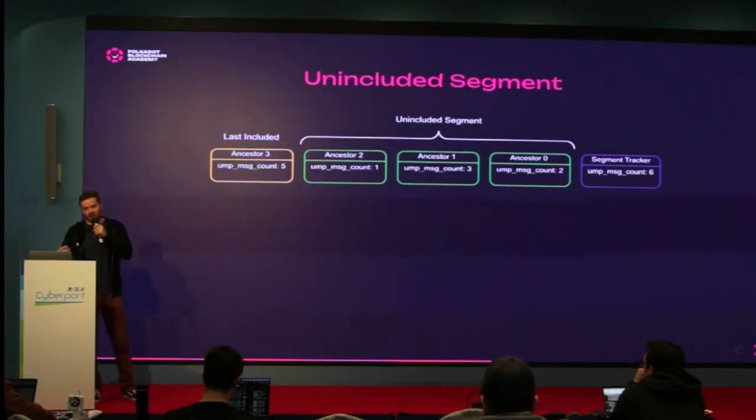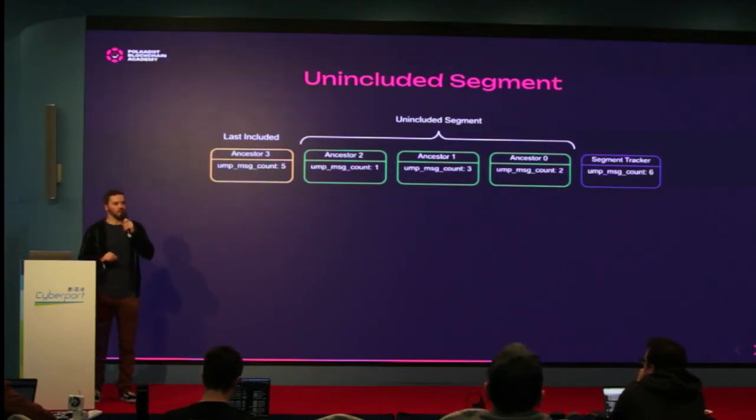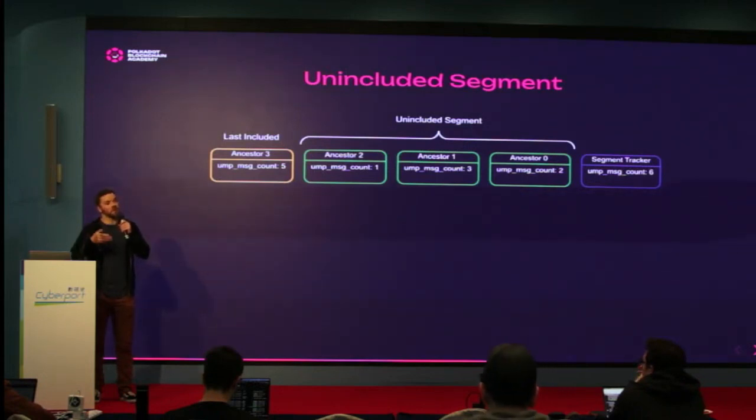And that's a good point. There are multiple unincluded segments per parachain at any given moment. Each unincluded segment corresponds to a different fork of the parachain. Those forks might not yet be represented on the relay chain because, again, these parachain blocks are not included yet.